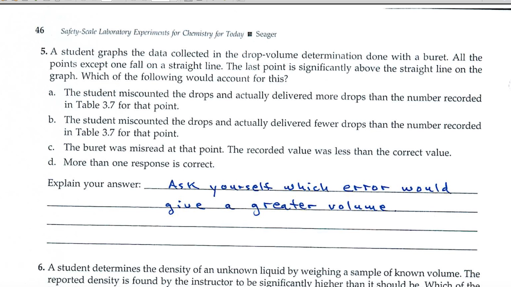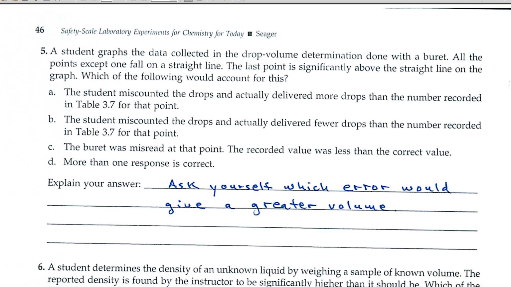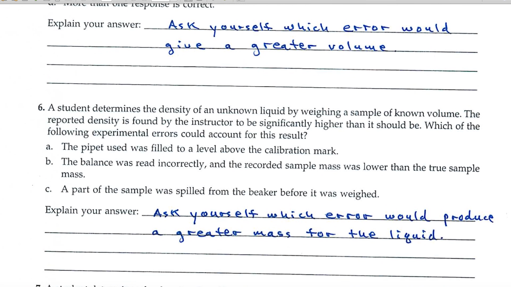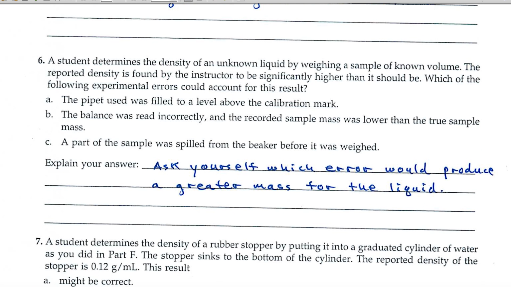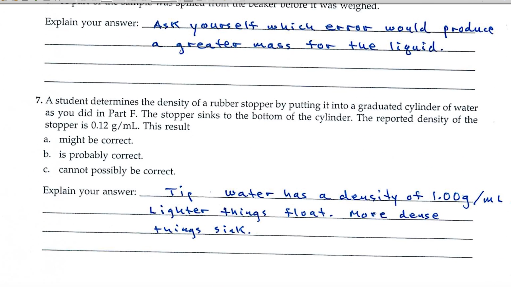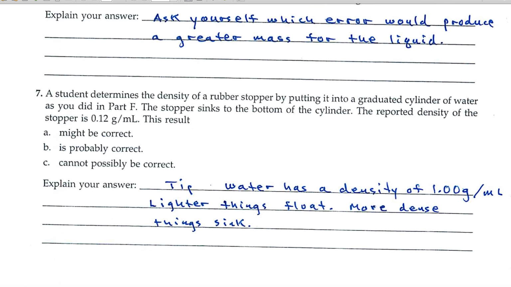Tip for number 5, ask yourself which error would give a greater volume? Number 6, which error would produce a greater mass for the liquid? And finally, number 7, water has a density of 1.00 grams per milliliter. Lighter things float, more dense things sink. Hey, I hope you have fun with the experiment.